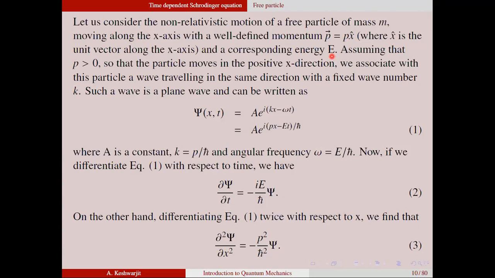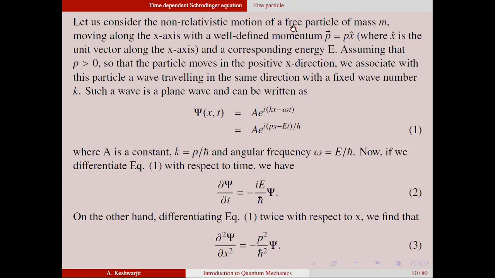What does the word free actually mean? Free from external forces. Yes, that is right. There is no external force acting on the particle. So free means there is no external force acting on the particle.